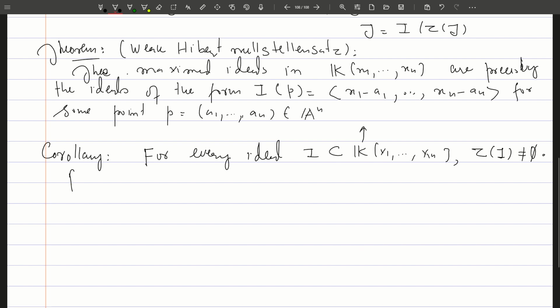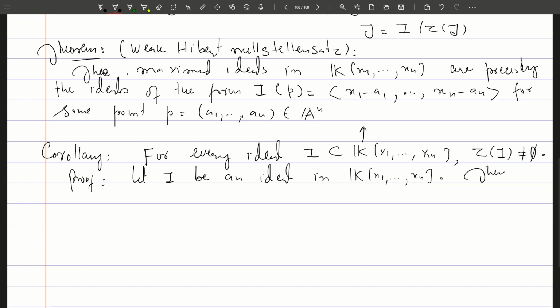So proof. Let I be an ideal in the polynomial ring. Then I is contained in some maximal ideal, because we know that every ideal is contained in some maximal ideal.